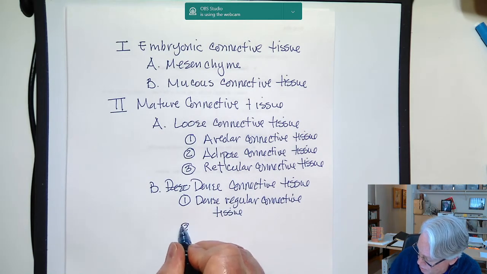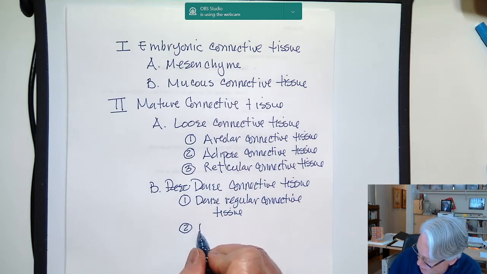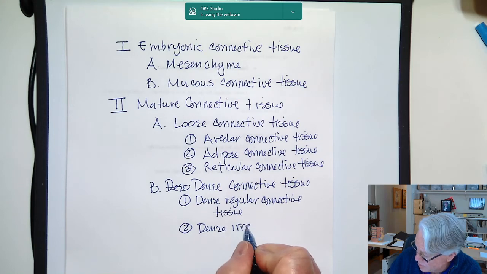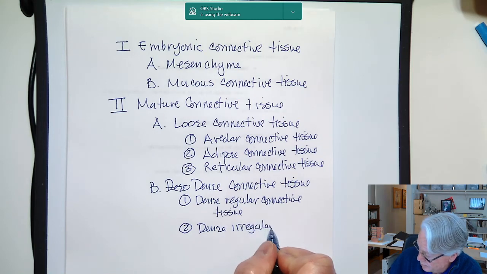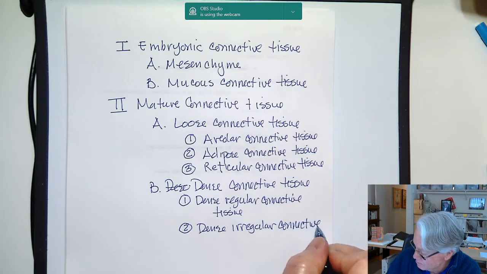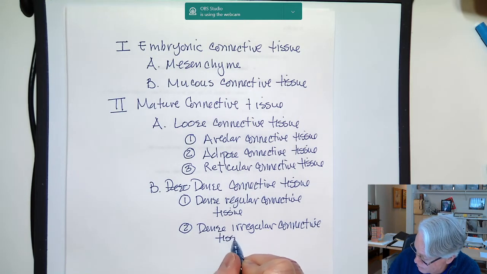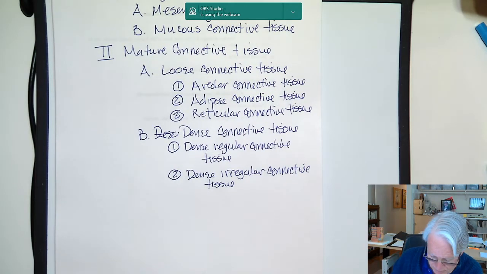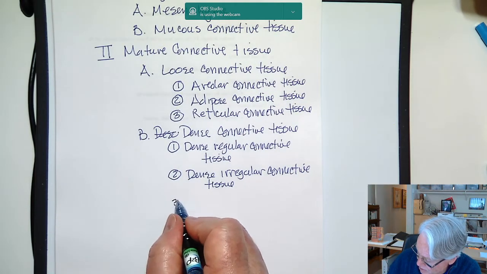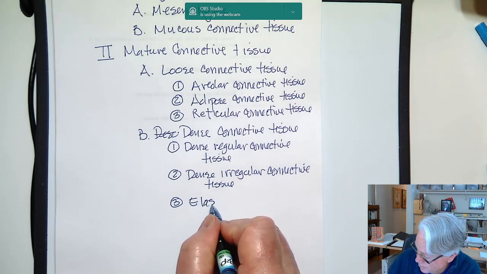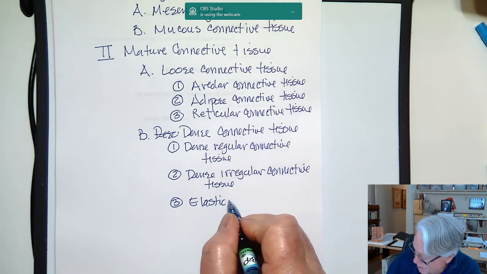And number 2, dense irregular connective tissue. Okay. And number 3, elastic connective tissue.